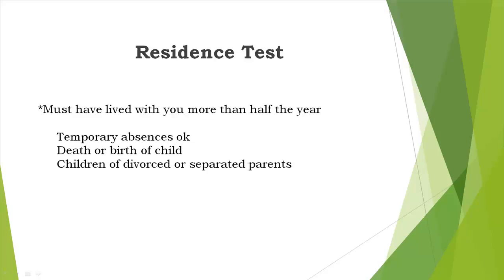One thing I'll say is if the divorce decree or the separation arrangement states that the child is going to be claimed by the non-custodial parent, or I've seen cases where parents alternate and one parent claims the even years and the other parent claims the odd years. So there are some exceptions to the rules when it comes to the residency test.